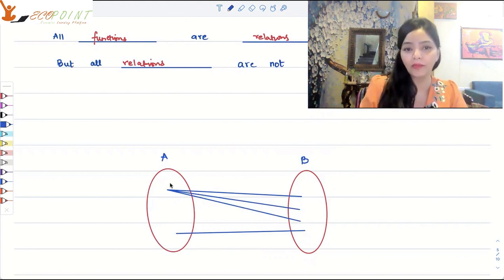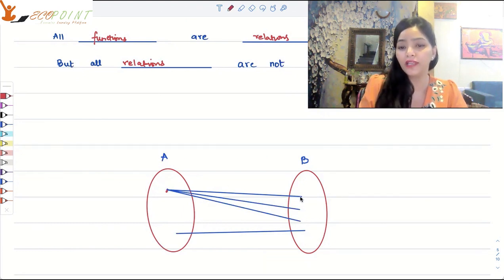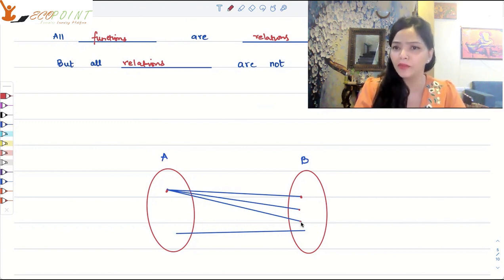Now here, what is happening? You have an input which is getting mapped to 3 entries. So do you think we have a unique output? No. Or in other words, we have repeated inputs. There lies a problem. For different outputs, we are getting the same input.